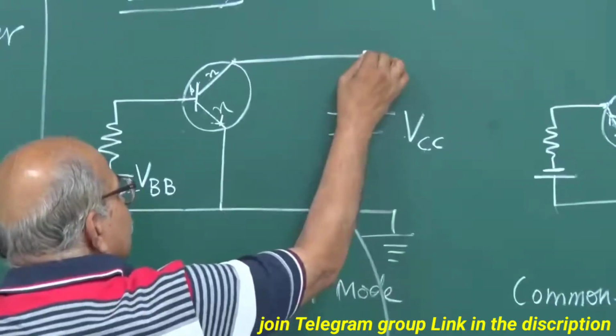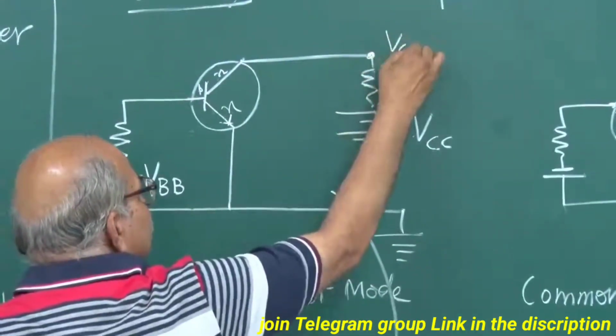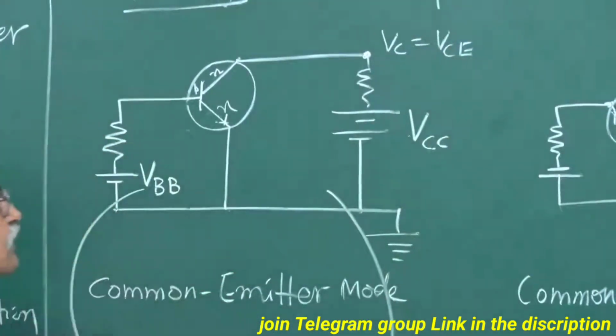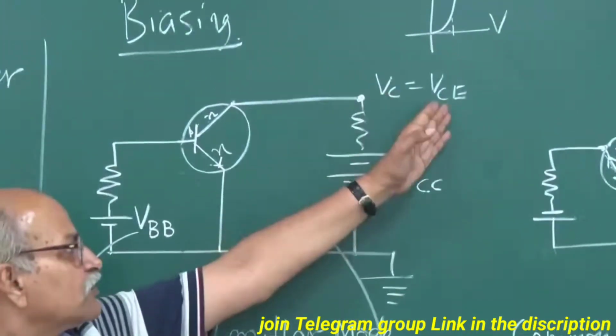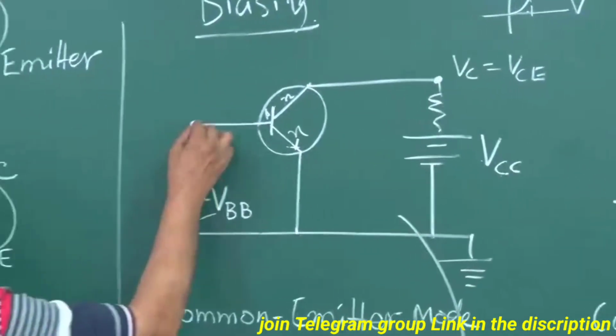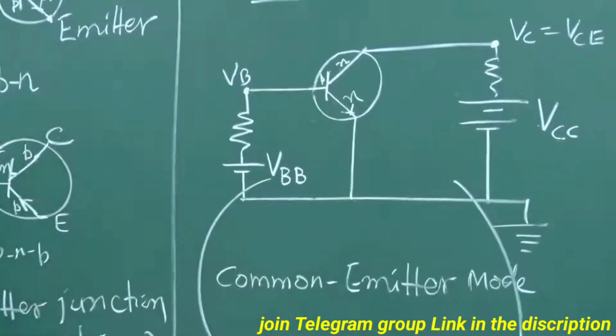So this potential as compared to this 0, that is VC, which is in fact the same as VCE. So normally people do not use this, normally people use this, and similarly VB will mean the potential here. So these are the kind of symbols.